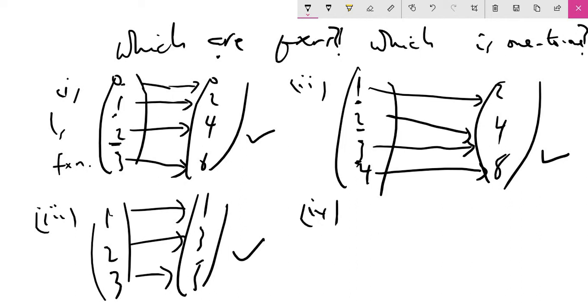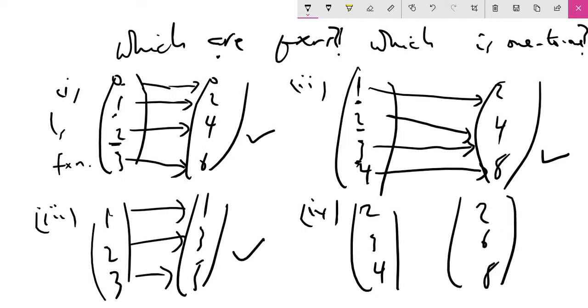And then we have now 2, 3, 4, 2, 6, 8. And so this maps to that, that maps to that, and then 4 maps to this. Now, is this a function? Yes, this is a function, because every single element in the domain maps to only 1.